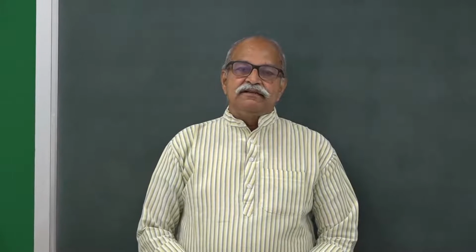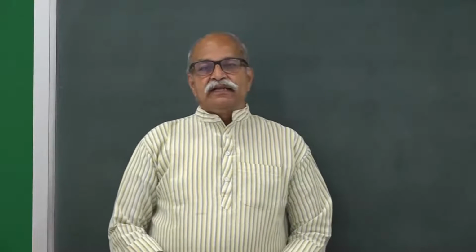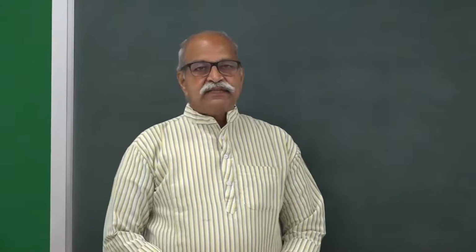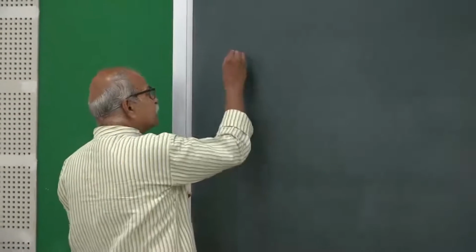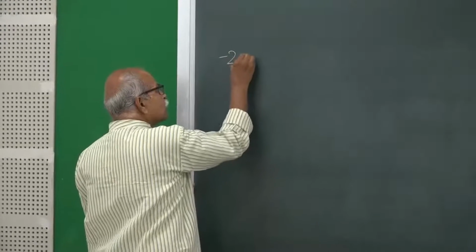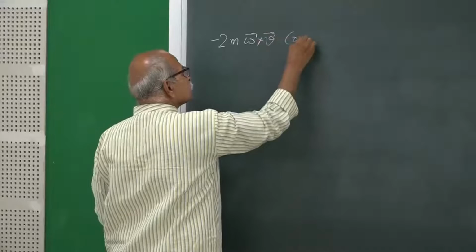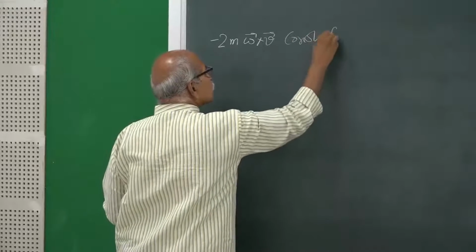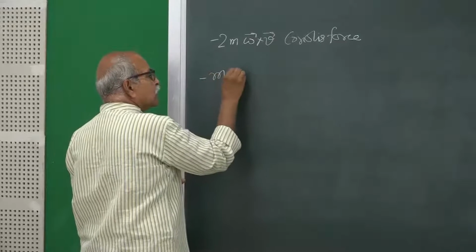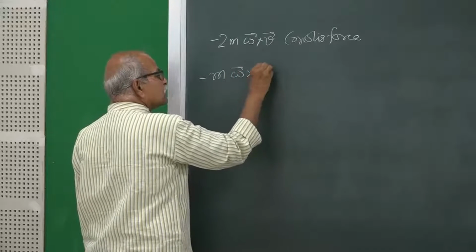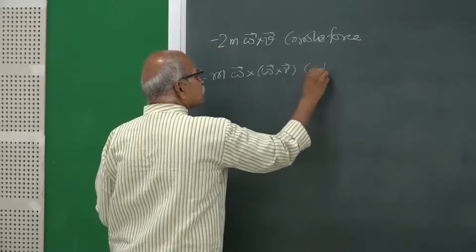So, we had derived the fictitious forces or pseudo forces in a rotating frame of reference, and two pseudo forces we found. One was minus 2 m omega cross v, which we called Coriolis force, and then the other was minus m omega cross omega cross r, that was centrifugal force.